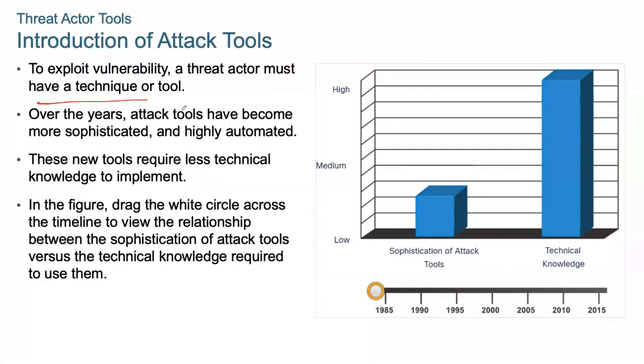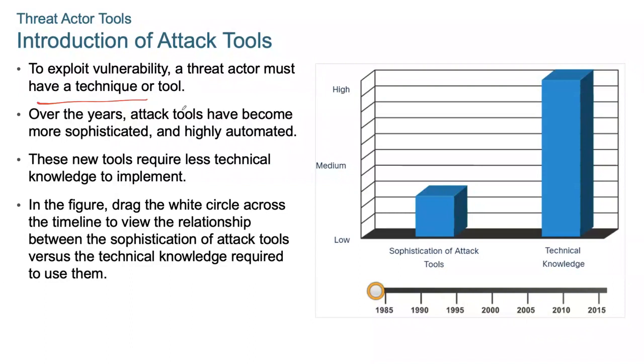The threat actor, as we discussed, may have very good programming skills, so that they can write their own new program, or they can use an existing tool to gain access to others' intellectual property or other assets.